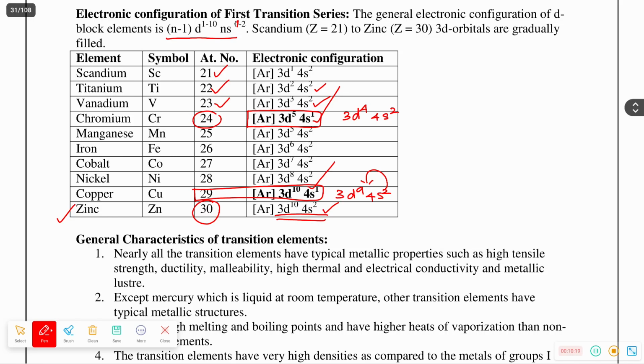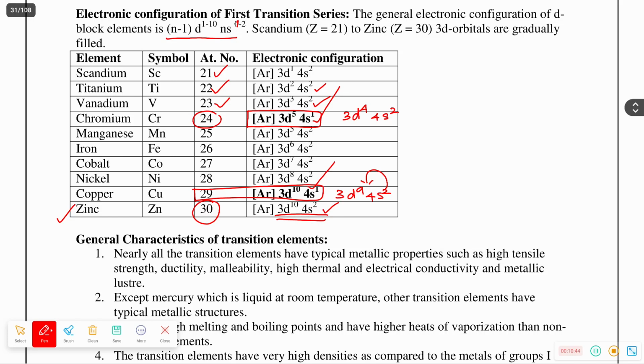So what is the general electronic configuration of d block elements? (n-1)d 1 to 10, ns 1 to 2. Scandium to zinc, that you also have to learn by heart. Scandium to zinc, 21 to 30, are the ten important elements: scandium, titanium, vanadium, chromium, manganese, iron, cobalt, nickel, copper, zinc.